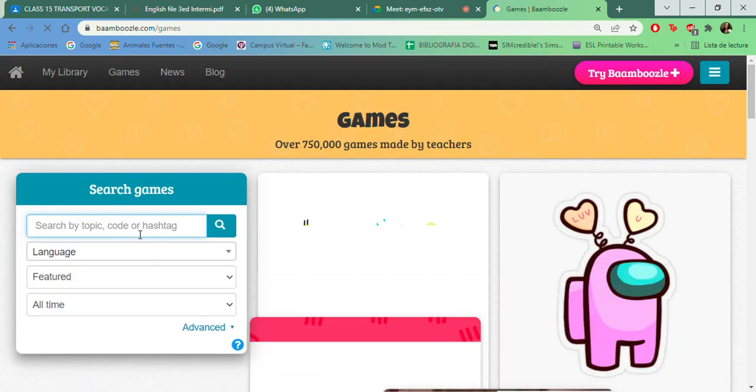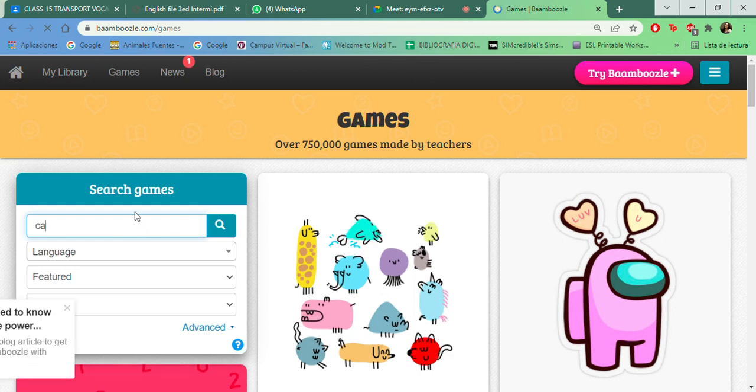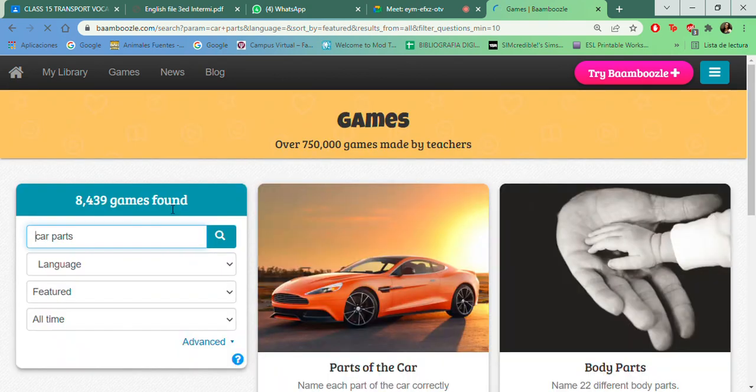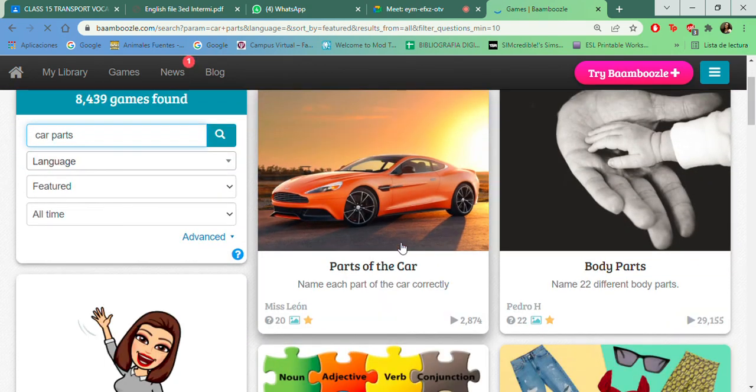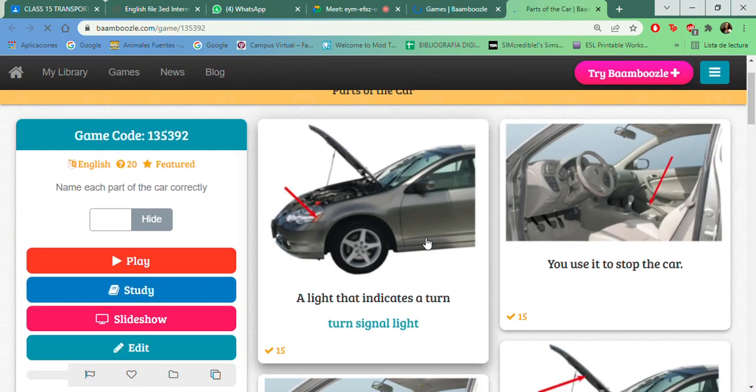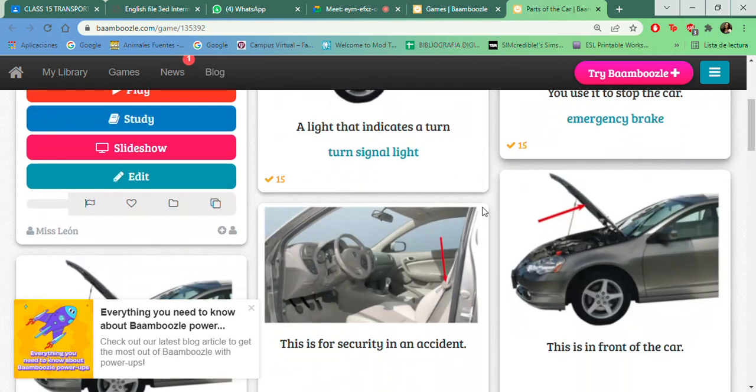Let's see games. Here we have car parts. Cool, car parts. Let's practice the car parts and the transport. Let's see this one, maybe easier or not.